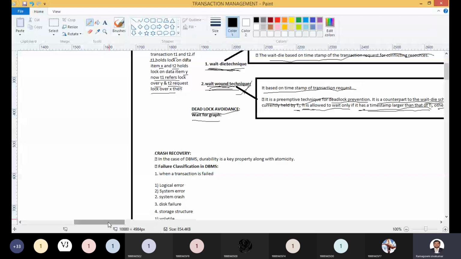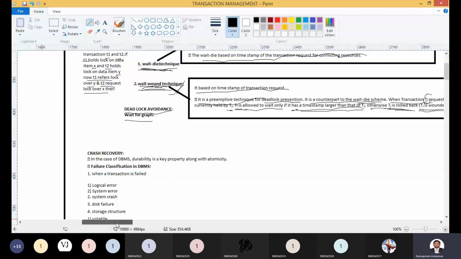Today we have seen how to handle deadlocks by using the wait-die technique and the wound-wait technique. How to avoid deadlock is by using a technique called the wait-for graph technique. I will explain this wait-for graph technique in tomorrow's class.